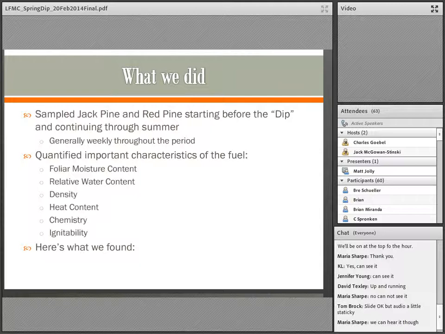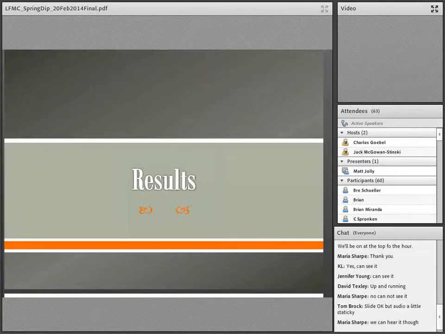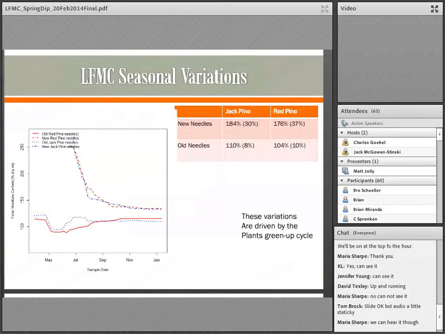So what we found was that, very consistent with what Van Wagner reported, over the course of the year, during the springtime the old foliage of both red pine and jack pine dips and then recovers.